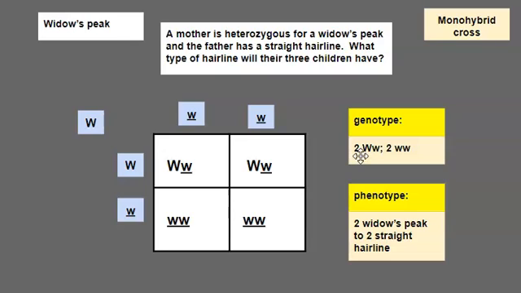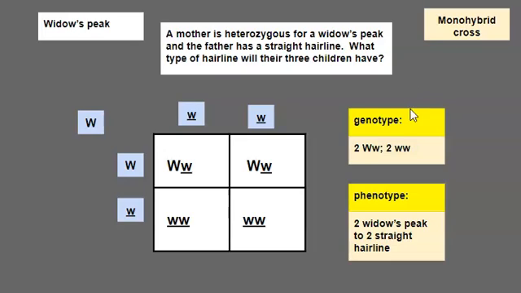They're going to have 50% chance of inheriting big W, little w, or 50% chance of inheriting little w, little w. Each time. So the first child has 50% chance of inheriting either of these genotypes, which means they have 50% chance of inheriting either one of these phenotypes, widow's peak or straight hairline.